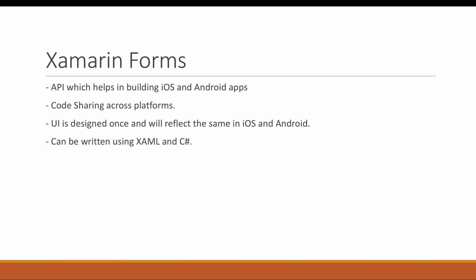We are sharing the code across these two platforms at one place. But in Xamarin Forms, we are sharing the code, we are sharing the UI. So that's the major advantage of Xamarin Forms, and we can write the Xamarin Forms applications using XAML for designing purpose, or else you can directly write in C Sharp also, and the complete backend code would be in C Sharp. So let's just get started.